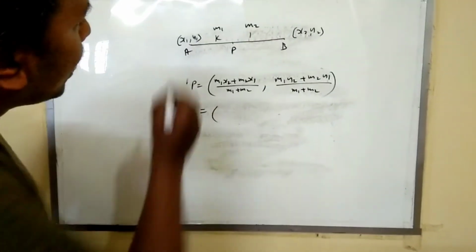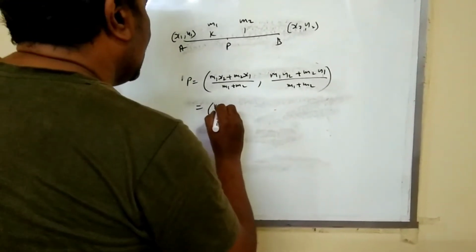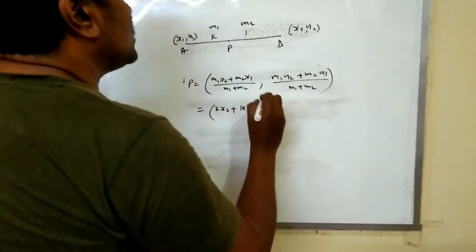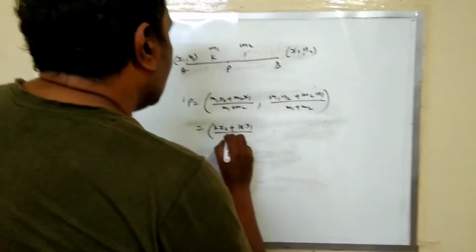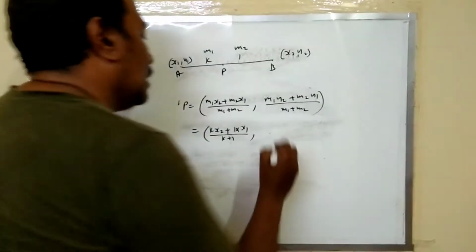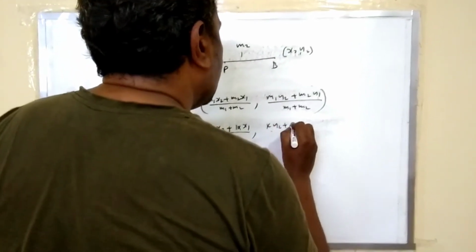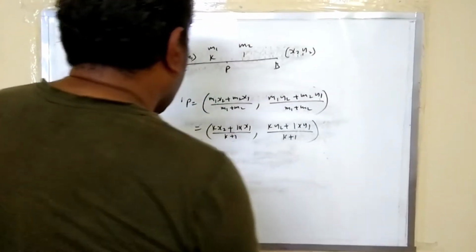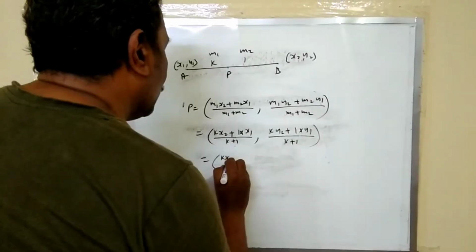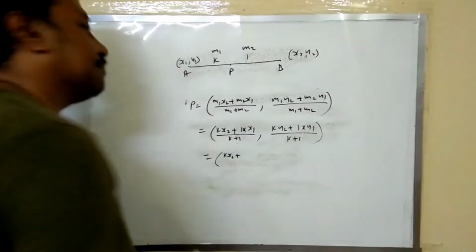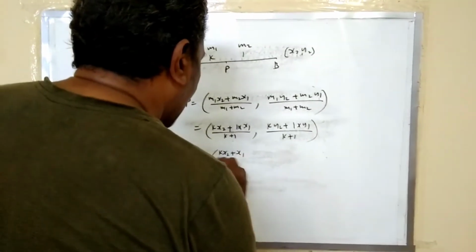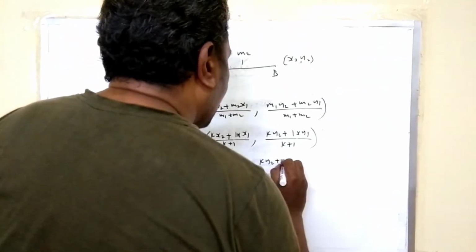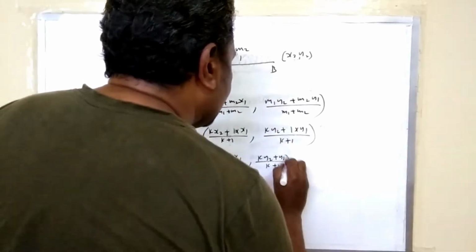So in place of m1 I write k, and m2 is 1. We get (k x2 plus 1 into x1) by (k plus 1), and (k y2 plus 1 into y1) by (k plus 1), which is (k x2 plus x1) by (k plus 1) and (k y2 plus y1) by (k plus 1).